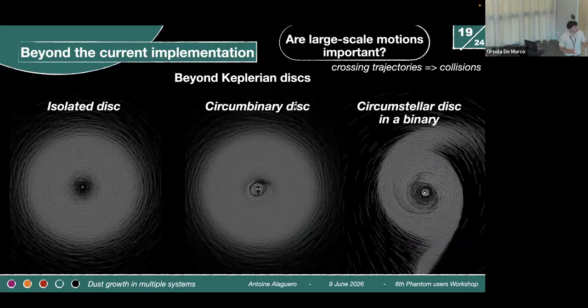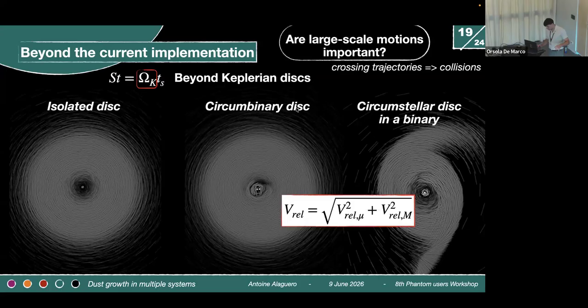And last part on this, the last assumption that we are making is that the disk is Keplerian. So basically, when we compute the Stokes number, we use the Keplerian frequency, which assumes that your disk is Keplerian, and we need that Stokes number to compute the relative velocity.